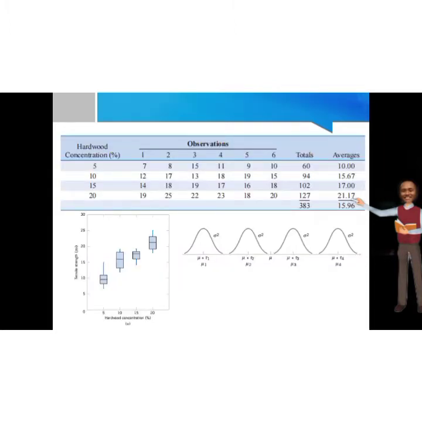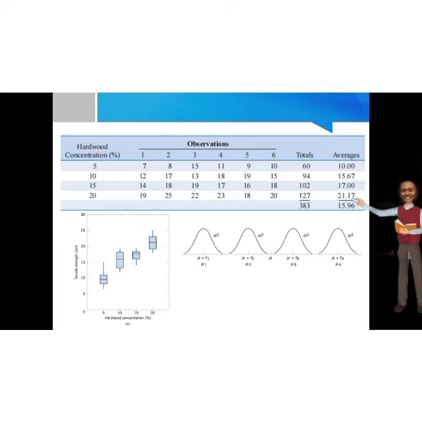Here are the observations on the hardwood concentration. At 5%, there are 7, 8, 15, 11, 9, 10, with a total of 60. While at 10%, there are 12, 17, 13, 18, 19, and 15 with a total of 94 and an average of 15.67.